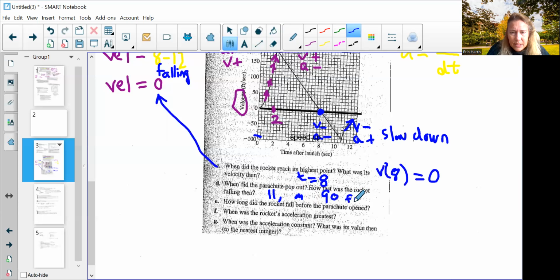And how long did the rocket fall before the parachute opened? It looks like we went from 8 to 11 seconds. So about 3 seconds. Again, we're approximating. So approximately equals 3 seconds.